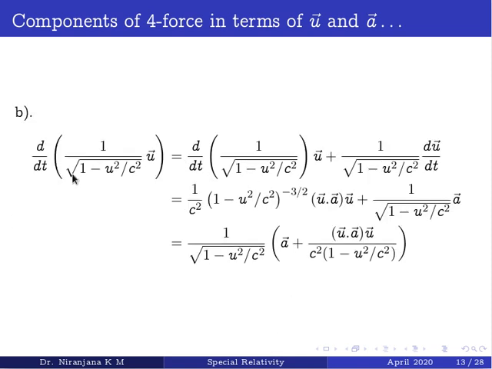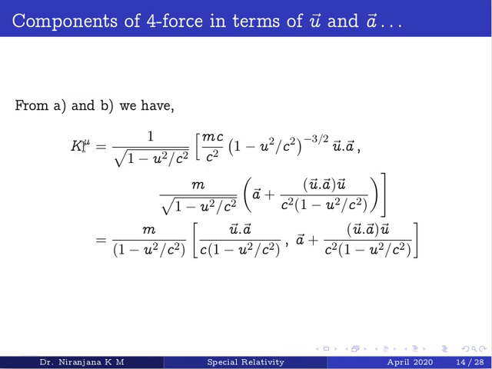We will make use of a and b, and we will now write k mu, by substitution from a and b, as 1 by square root of 1 minus u square by c square into mc by c square into 1 minus u square by c square to the power of minus 3 by 2 into vector u dot vector a, and the spatial part as m by square root of 1 minus u square by c square into vector a plus u dot a into u by c square into 1 minus u square by c square.